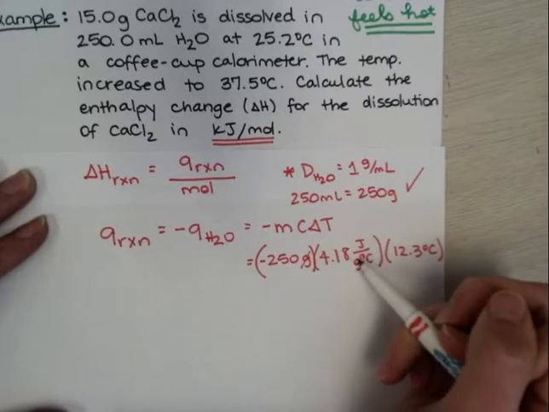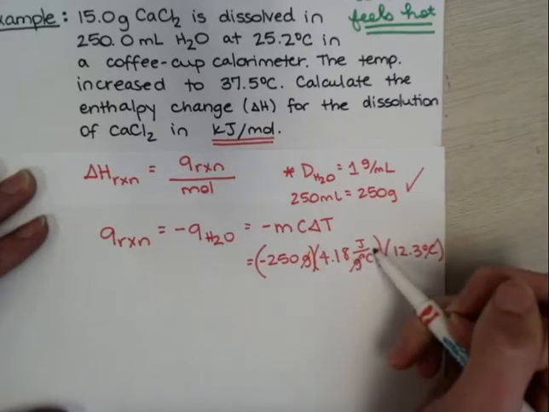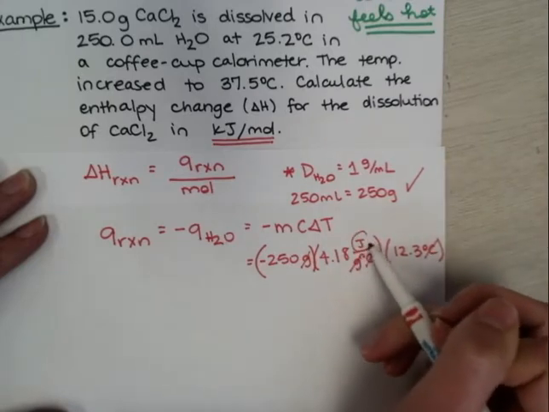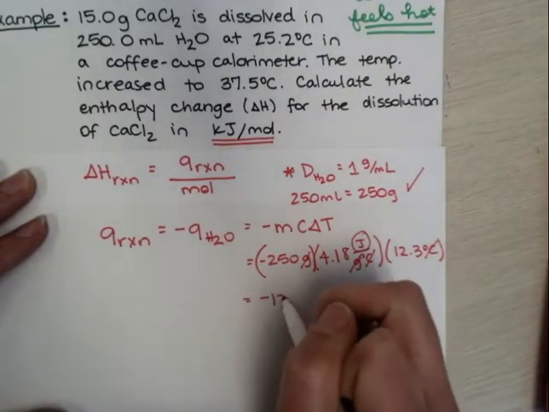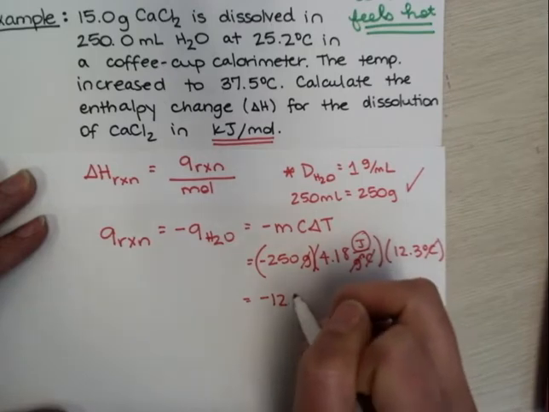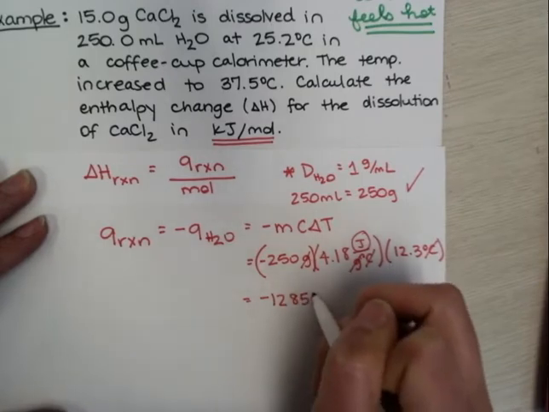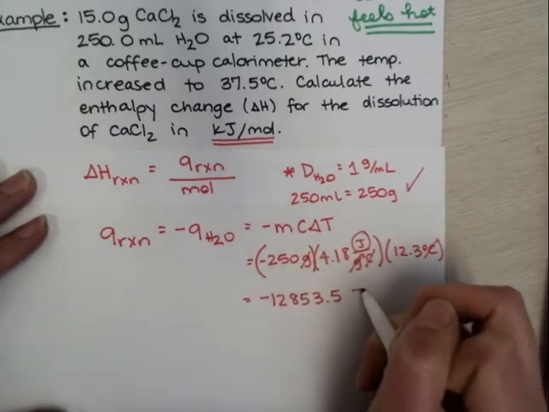So my grams cancel, my degrees Celsius cancel, and I'm left with joules. So 250 times 4.18 times 12.3 is negative 12,853.5 joules.